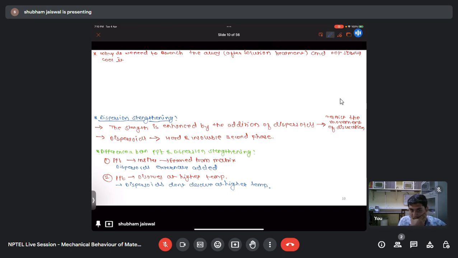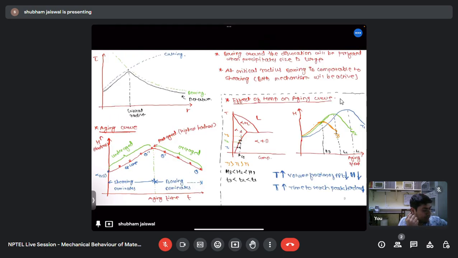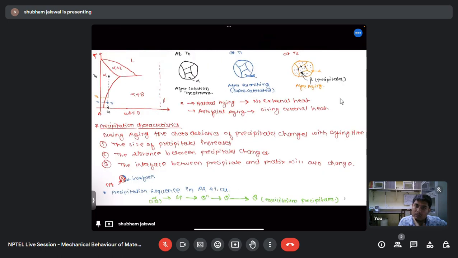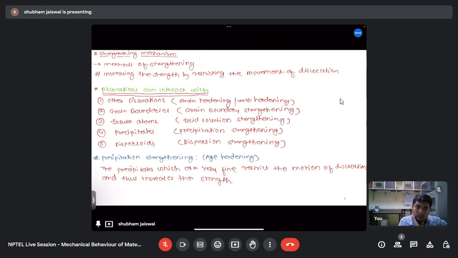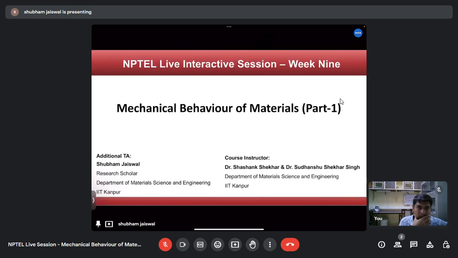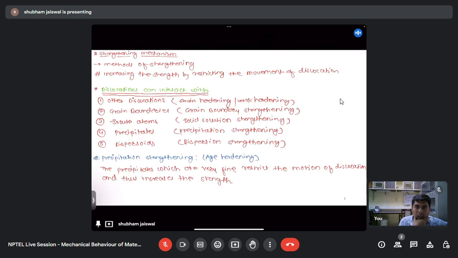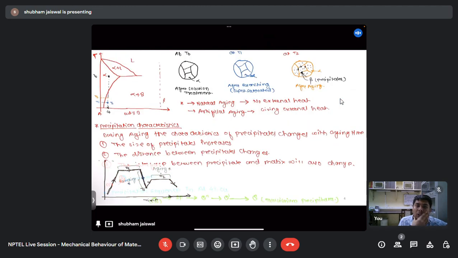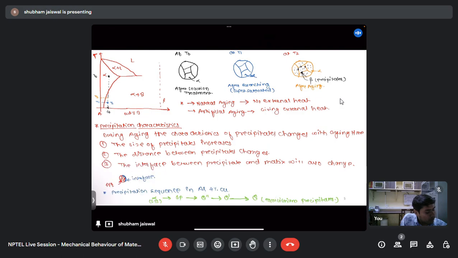So any doubt till this point, guys? So this was the recap of week 9. So first we have seen the strengthening mechanism. Then we have seen what is strengthening, how the dislocations can interact. Then what is precipitation strengthening. Then the basic criteria for the precipitation strengthening. Then what are the precipitation characteristics.